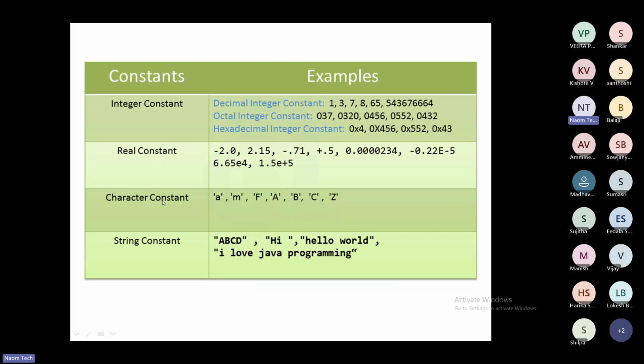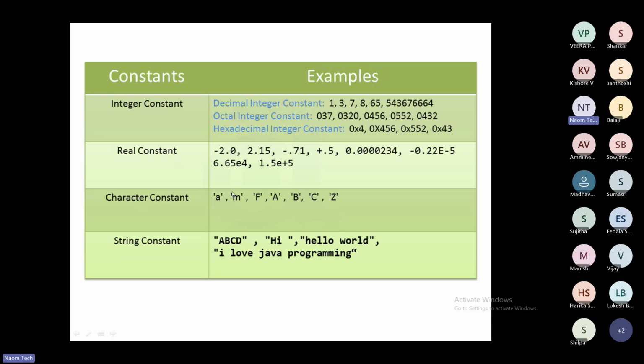If it is a character constant, every character is in single quotes. It might be an alphabet, a digit, or a symbol; a single letter in single quotes is a character constant. If you see this example, all are in single quotes. In Python it is a different way, but here it has to be in single quotes.